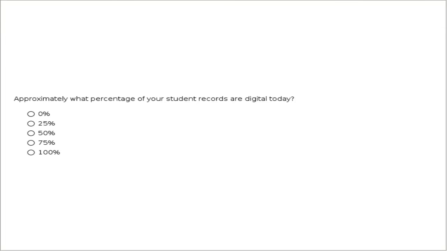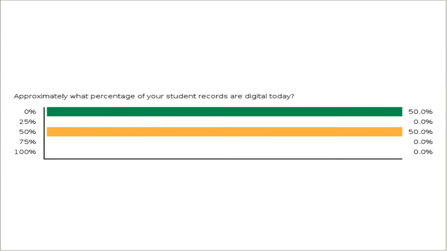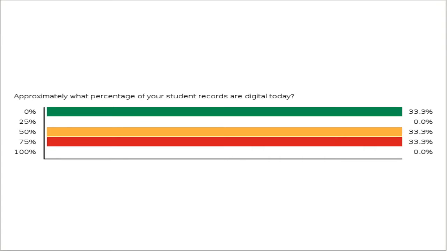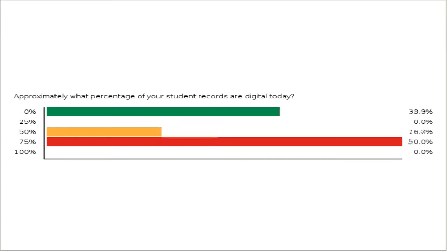So at this point, we'd just like to do a quick polling question. Approximately what percentage of your student records are digital today? Please go ahead and respond. I see the responses rolling in. We'll just give everyone about 20 seconds here.